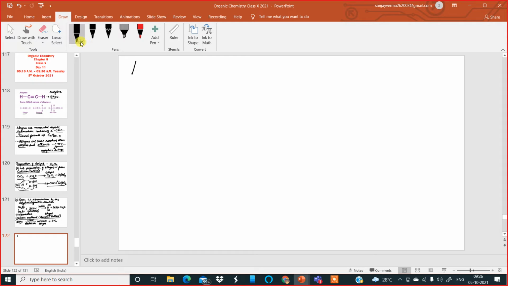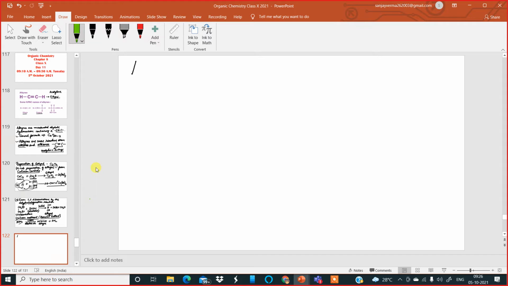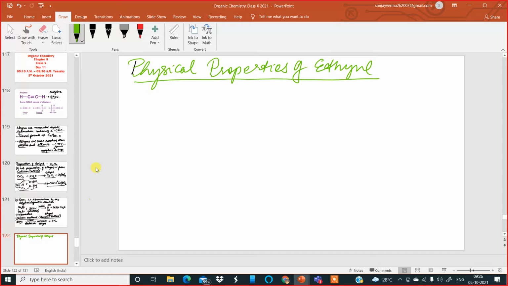Physical properties of ethyne. Point wise, let us go one by one. The first physical property of ethyne is with respect to nature.